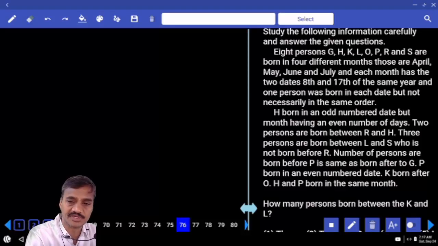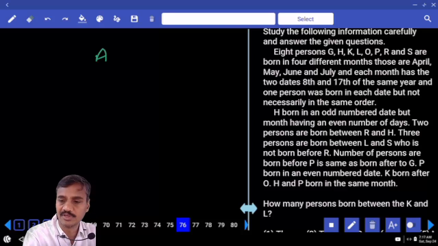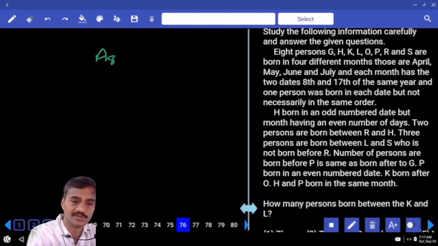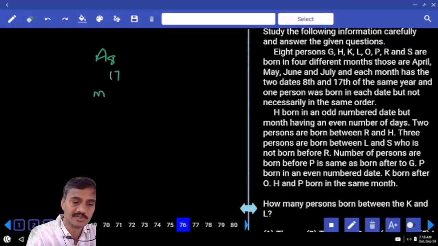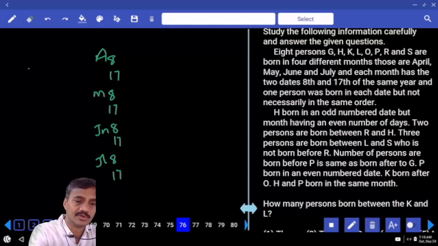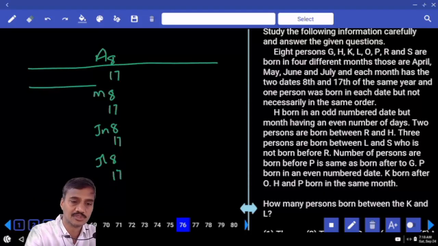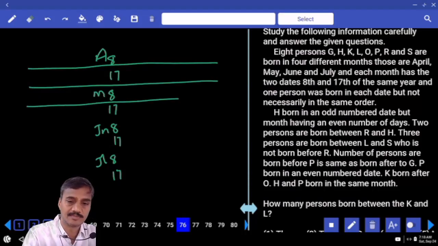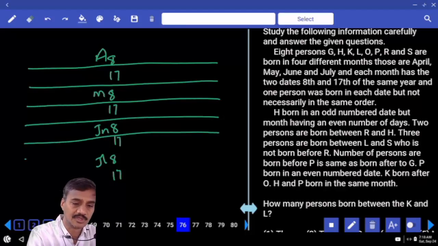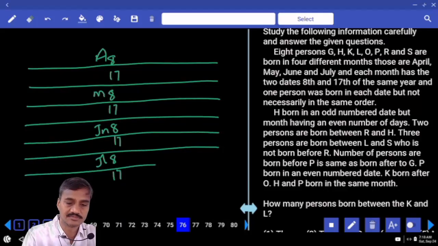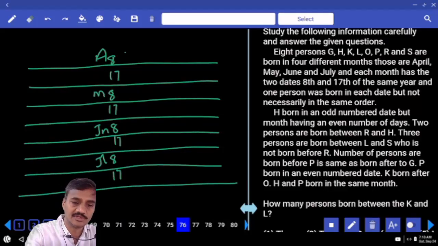So April 8th, April 17th, May 8th, May 17th, June 8th and June 17th, and finally July 8th and July 17th. Altogether we have 8 different dates.